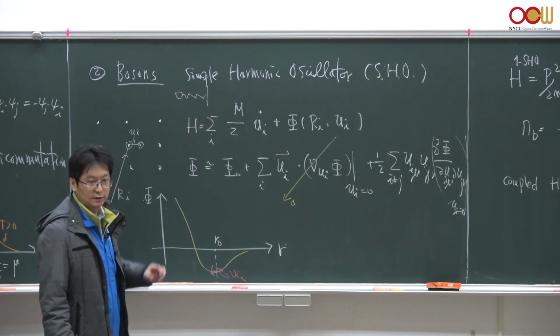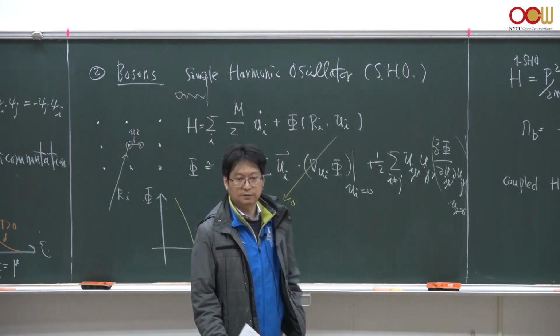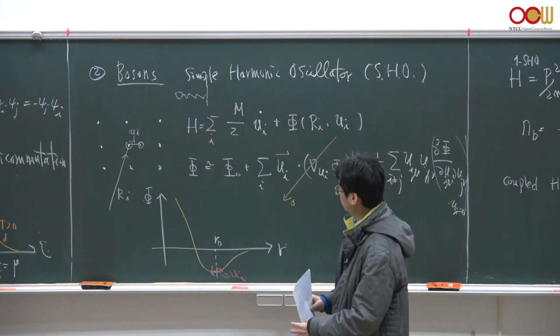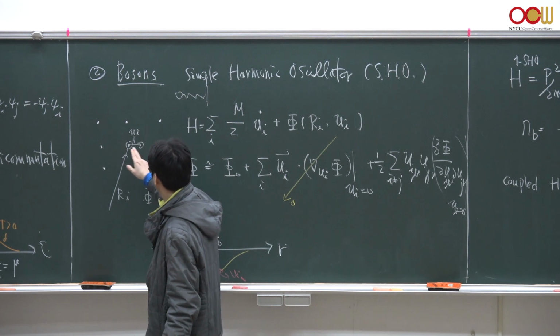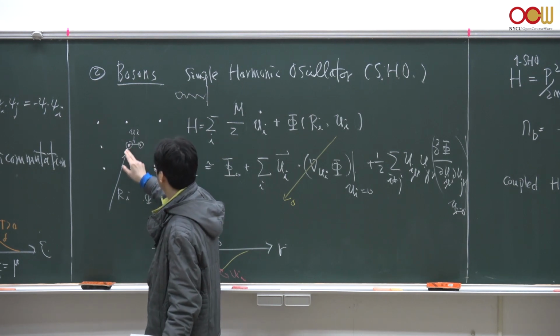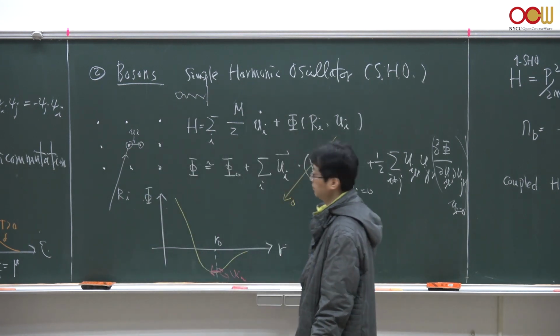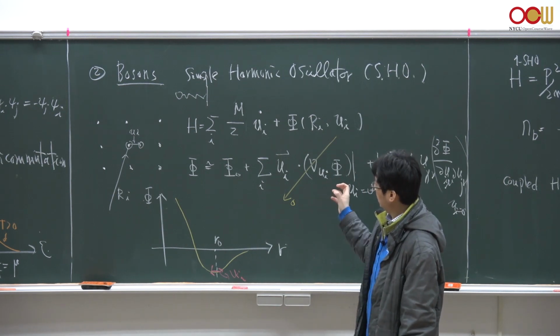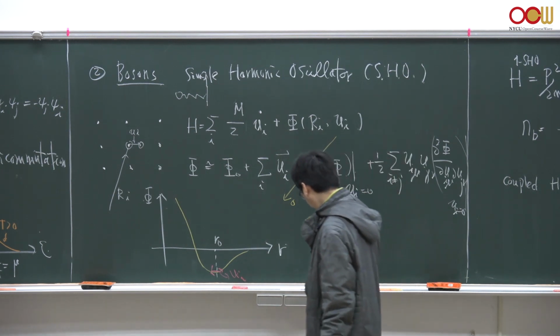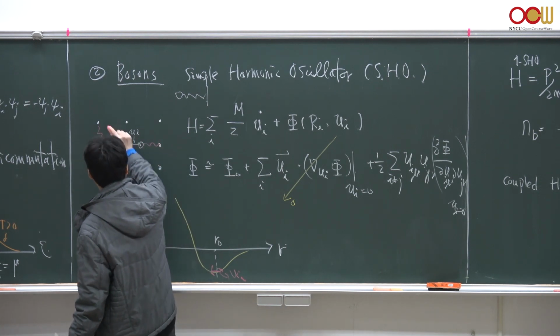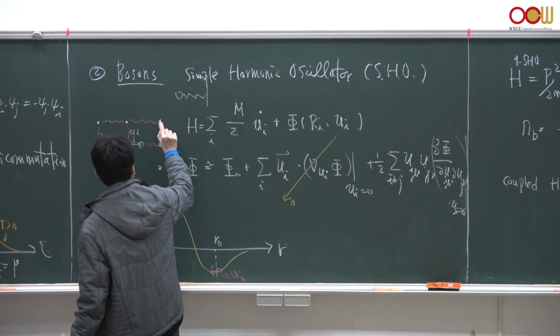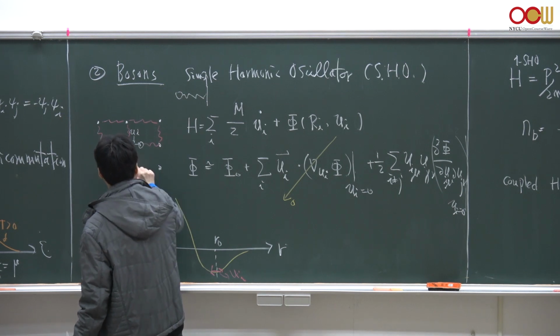Okay, so here in real solid-state materials, you have a bunch of ions that could be fluctuating or vibrating back and forth relative to the equilibrium position. When they vibrate, they will affect all the neighboring ions. So everybody actually vibrates.